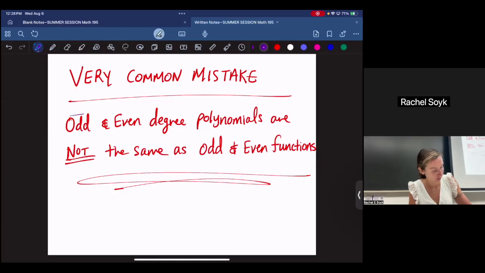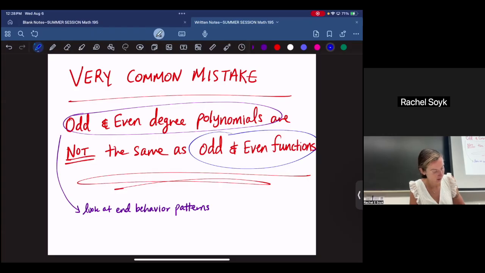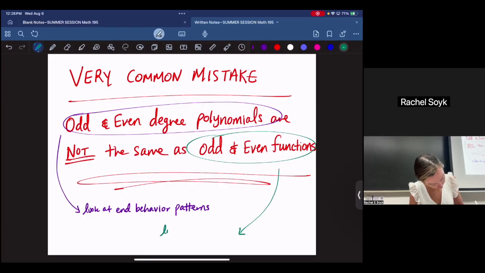So for this, we look at end behavior patterns. And then with this, we look at our definitions.